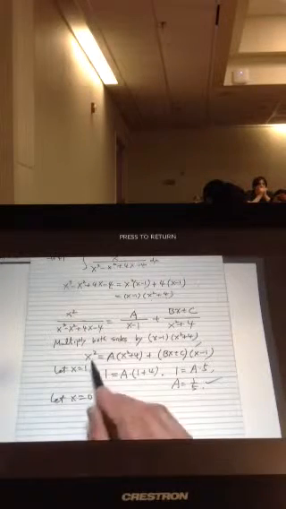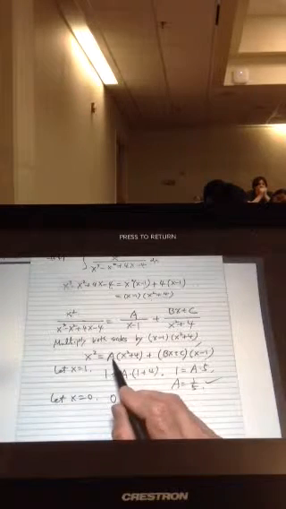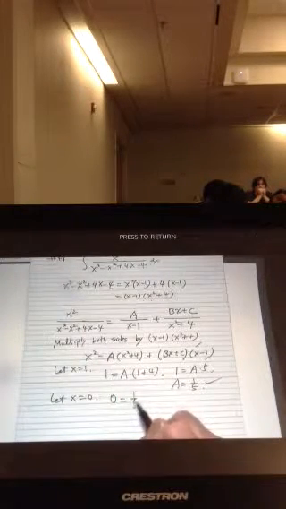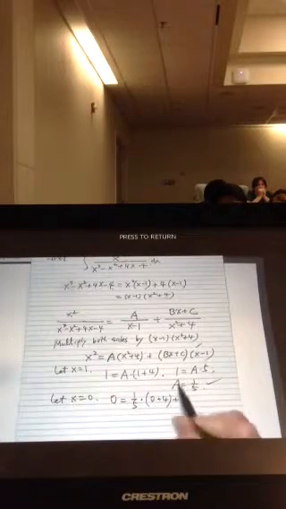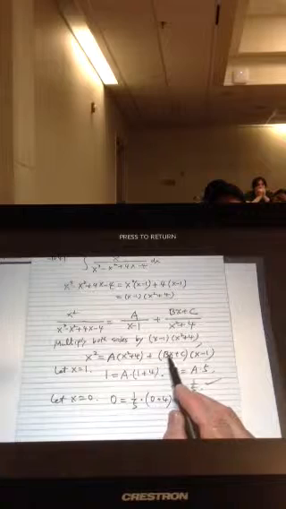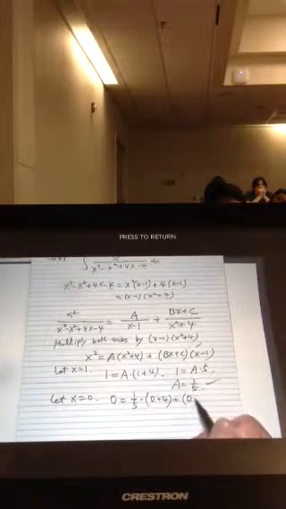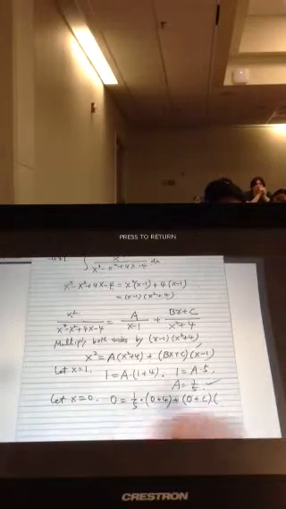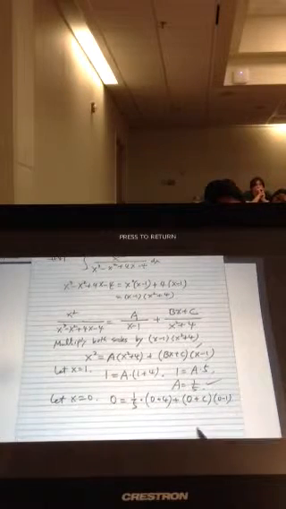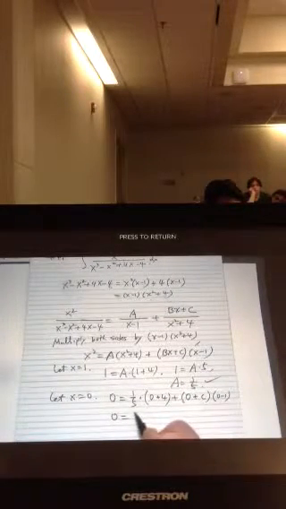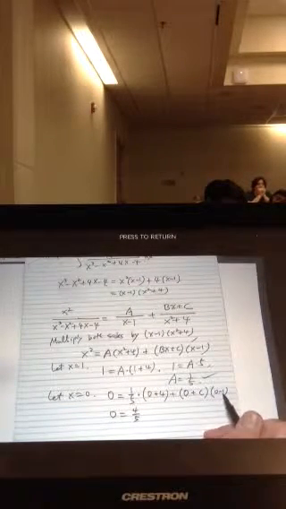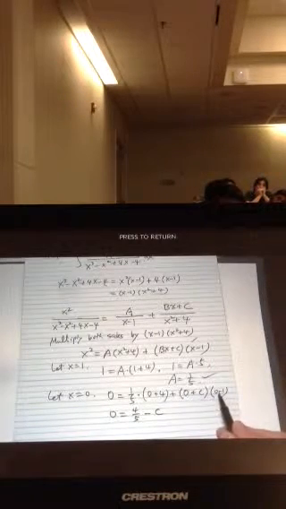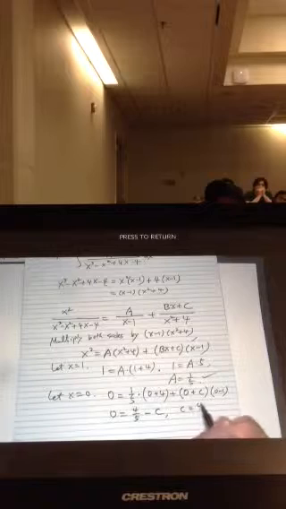So if I substitute x by 0, A, I already know, is 1/5, times 0 plus 4, plus, x is 0, so this is 0 plus C times 0 minus 1. So 0 equals 4/5, and this negative 1, so minus C. So what is C? 4/5.